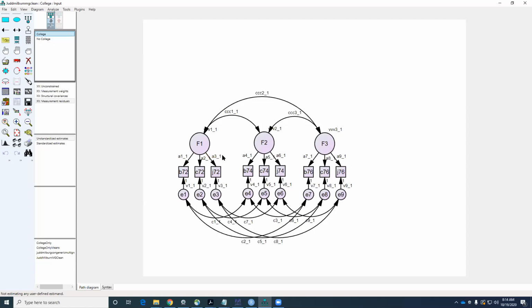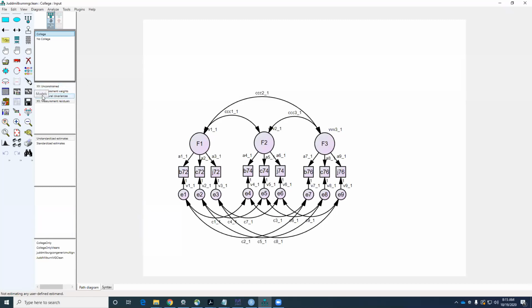So we're going to have to tell the computer program in one of these groups, I want to make an identification constraint. And the reason I set this up this way, it's different than you'll see other people setting it up on the internet, is I can then come back and say, well, what if I identified my model by fixing a loading to 1? And would that change any of the outcomes?